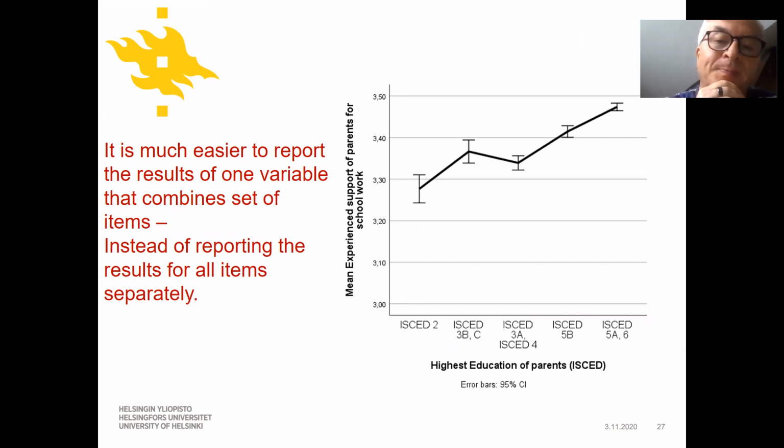So we have one variable here with the support of parents for schoolwork, and then here we have the different levels of education of the parents, highest educational level of the parents, and you can see that there is a significant change between the groups, so that those parents with the highest education are perceived as having the strongest support for the students' schoolwork.